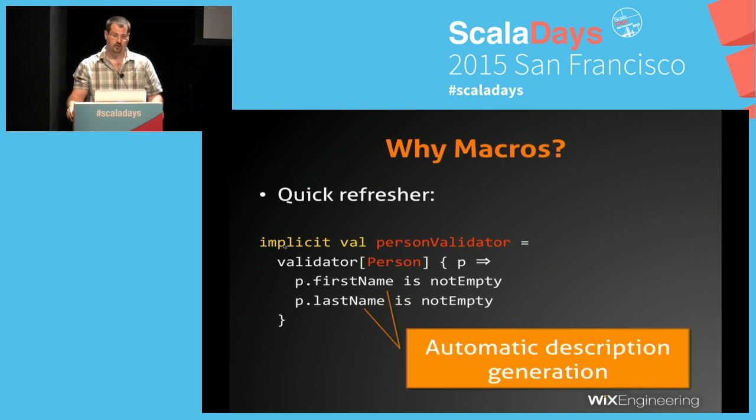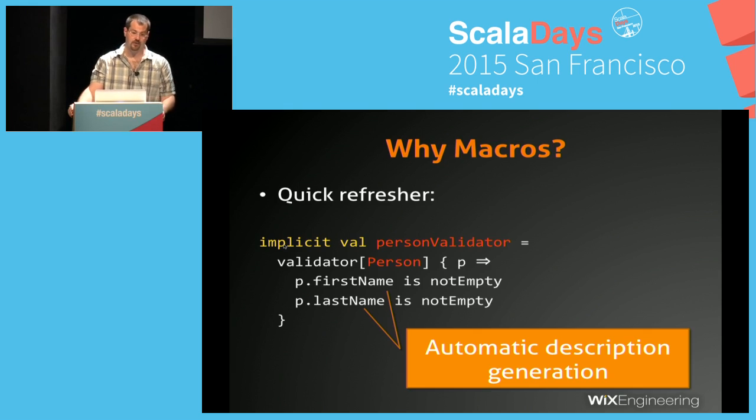If you've noticed the failure message in the earlier example, it said that the description for the property that failed validation was first name, and that's a string. Now here, I don't have a string, right? I don't have anything that tells the compiler, tells Accord, the data validation API, that the rule that deals with first names should be described by the string first name.